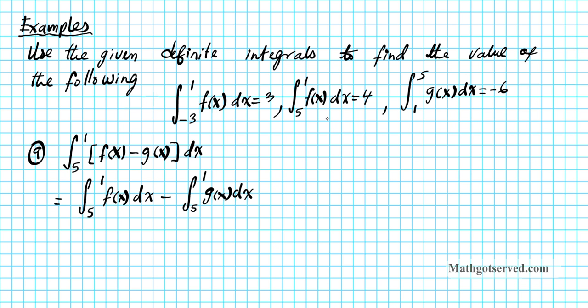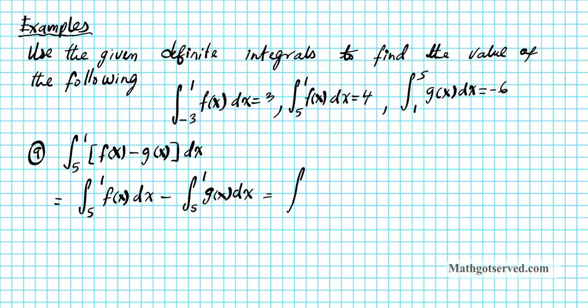All right, we can clearly see that the value of this definite integral is 4, but we have a problem here because the limit of integration does not match what we know. So since we have a mismatch, what can we do to make them the same? Well, we just simply apply another rule. What rule is that? We're going to apply the order of integration rule here.